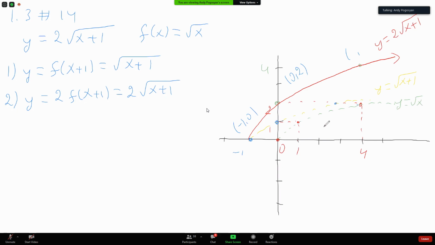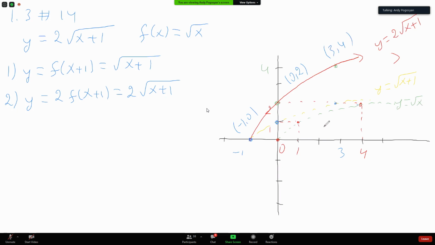This point should be 4. And this point should be 4. So this is the graph, sorry. So it's good I checked the answers. So this is 3, 3, 4.